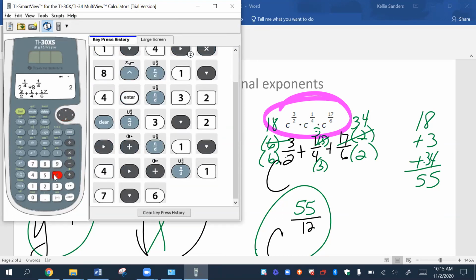If you wanted to do all the work and then use the calculator to check your work, that would be amazing. And it's 55 over 12. Okay, that's it.